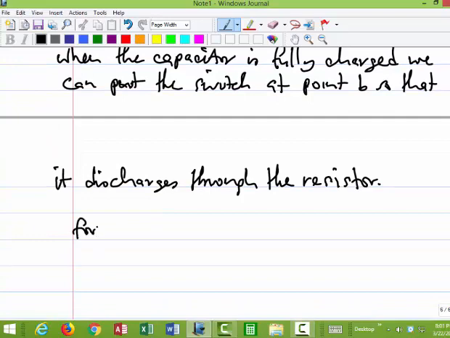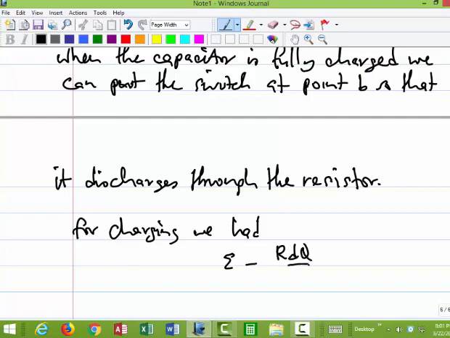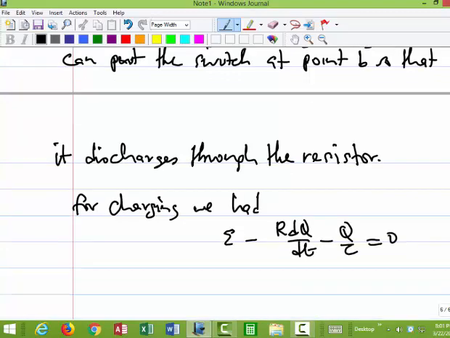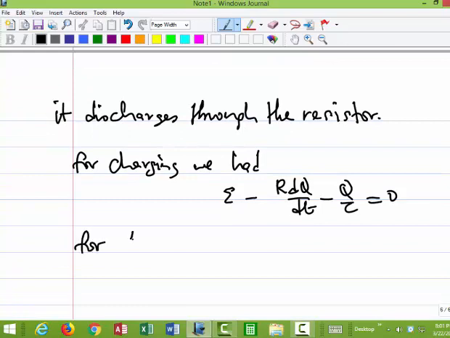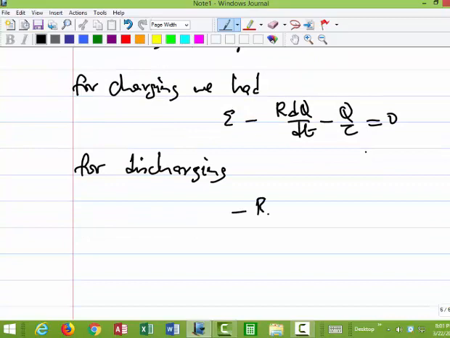For charging, we had E minus R dq/dt minus Q over C equals 0. And for discharging, the difference is that the E is now gone, so we have just minus R dq/dt minus Q over C equals 0.